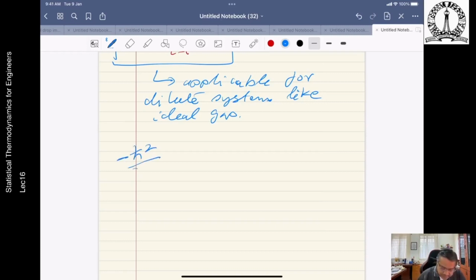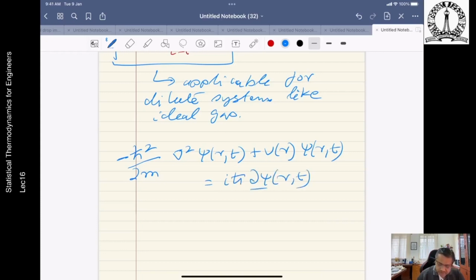This was the time dependent form: minus h bar squared by 2m del squared psi of r comma t plus V psi of r comma t equal to i h bar d psi of r comma t by dt. So this was a single particle. When you write it for a multi-particle system, there is a summation over i equal to 1 to n, because now this is applicable to the individual particles.